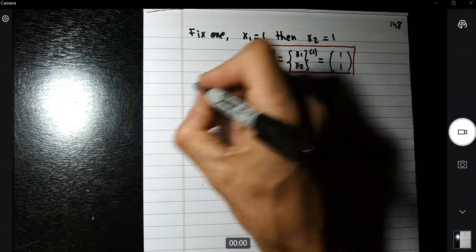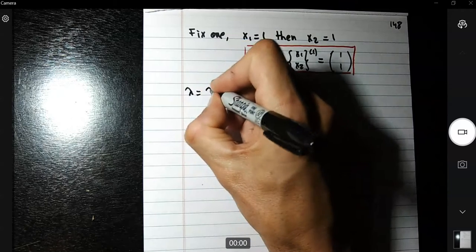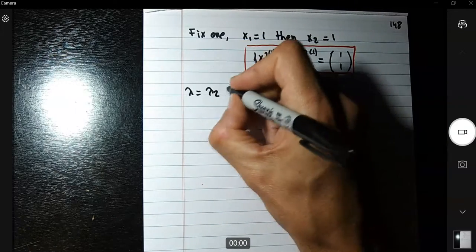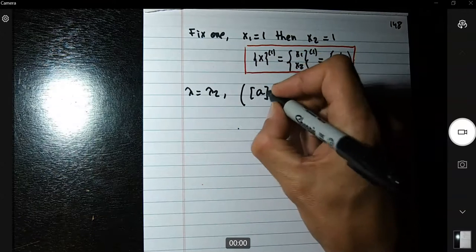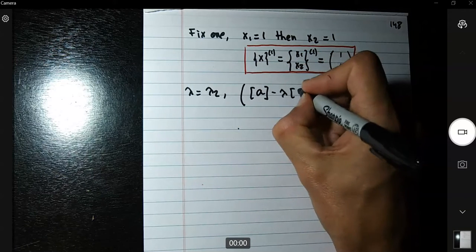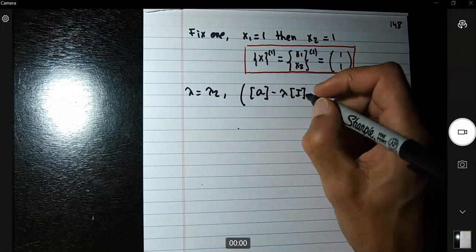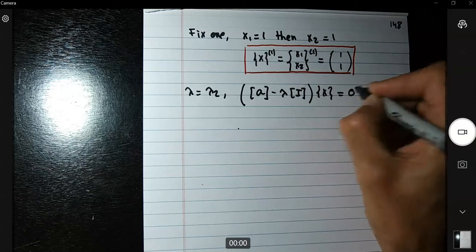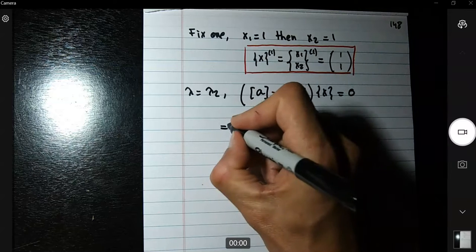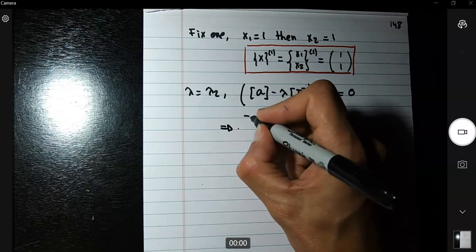So if lambda equals lambda 2, we need to go back and substitute into the equation that yielded the characteristic equation. Alright? So this will give us what? We can go a little bit faster now.